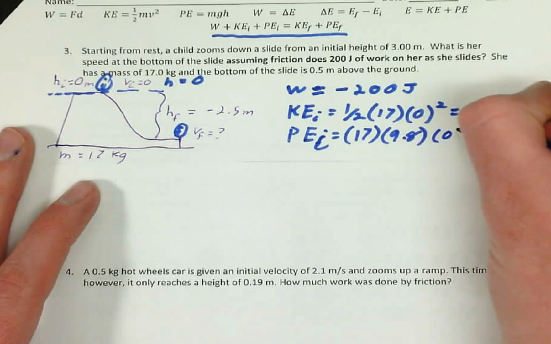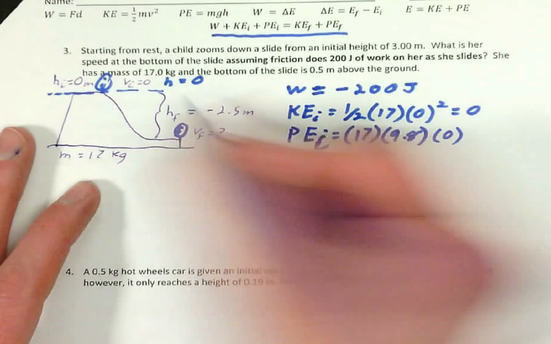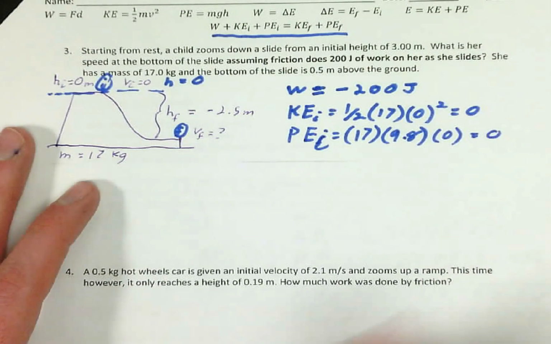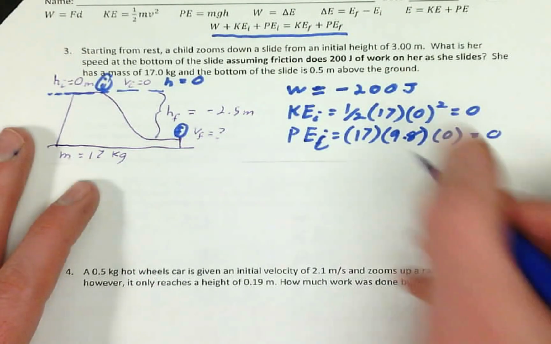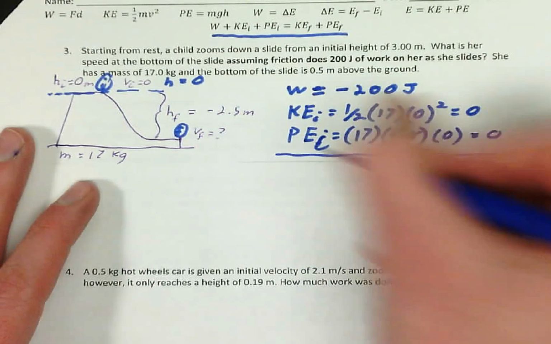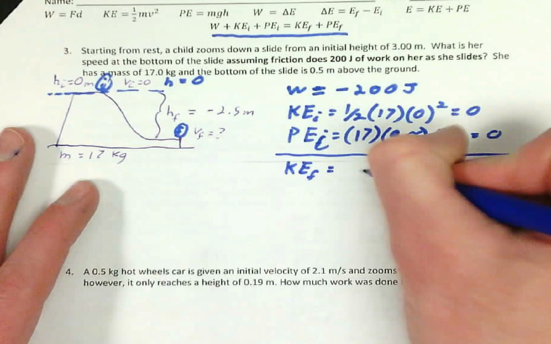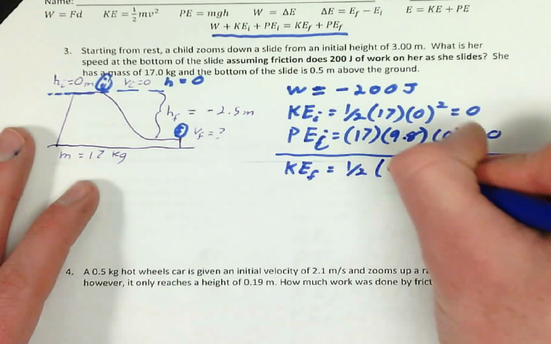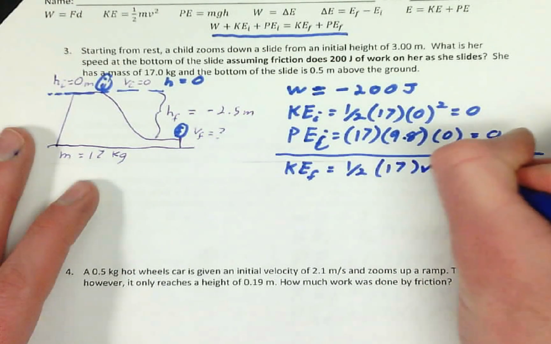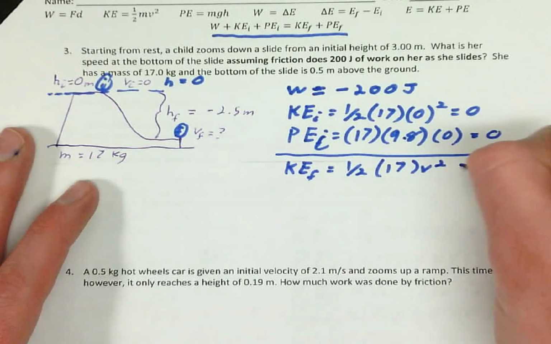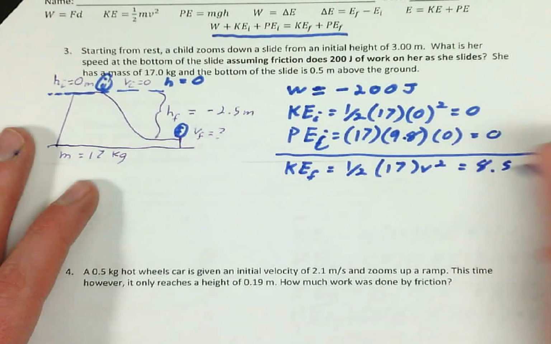And we start from rest. Or sorry, not from rest, we're starting at our height of 0, so that's also 0. Okay, then we do our finals. Kinetic final, I don't know what the velocity is, so I just leave it around, which would be 8.5 v squared.